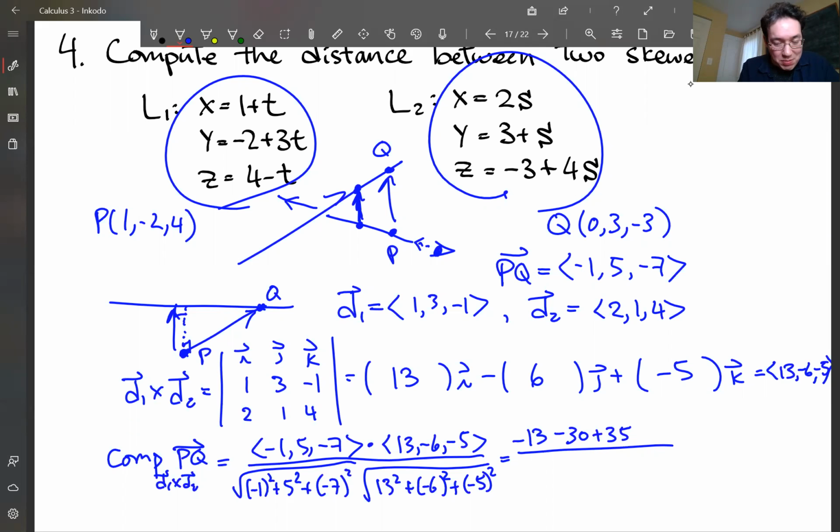But yeah, okay, so the square root of 75 and the square root of 230. So let's see, negative 8 over the square root of 26250.